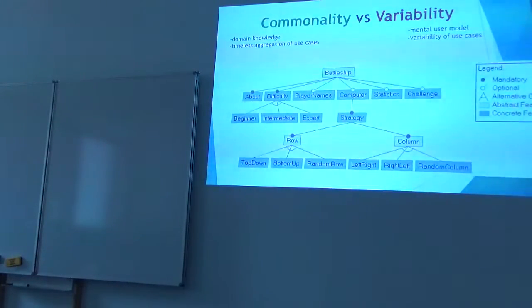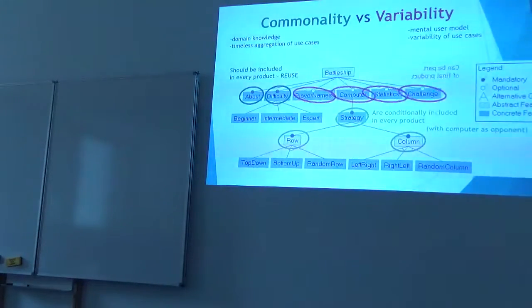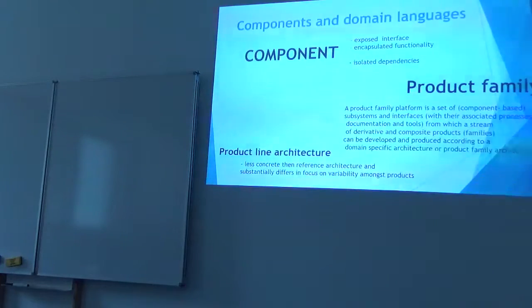We have also alternative groups like difficulty, where the user will choose only one difficulty for his game during play. It can be beginner, intermediate, or expert, and so on. It's already known notation, I only explain it.